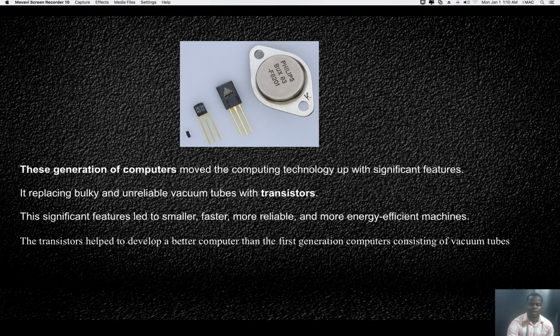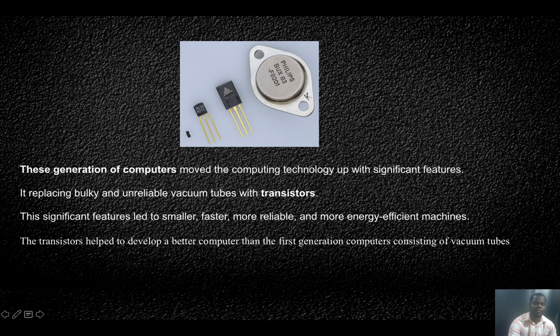The transistors helped to develop a better computer than the first generation computers that consisted of those very big vacuum tubes. Here you can see that the transistors are very small, which shows that the computers became much smaller.